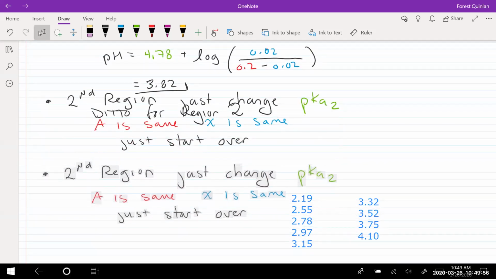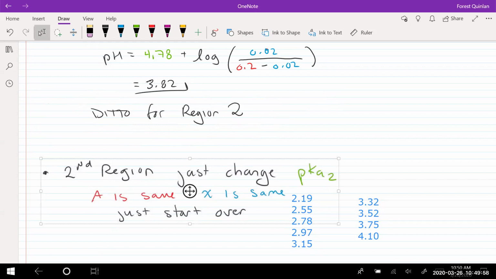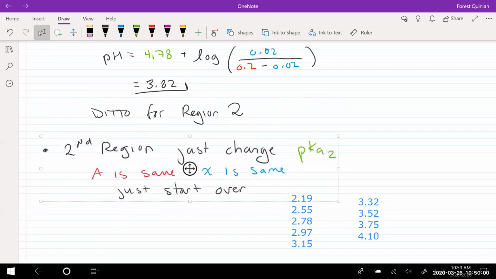We're just going to do this all over now, but now for the third region. Third region is just the same. Just change it to pKa3 and everything is the same.